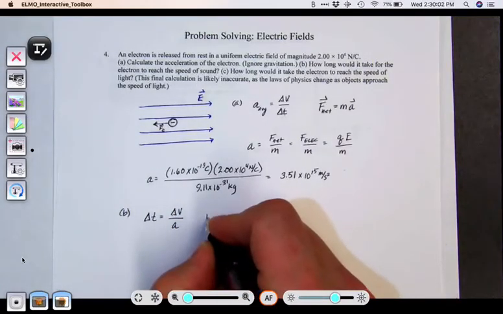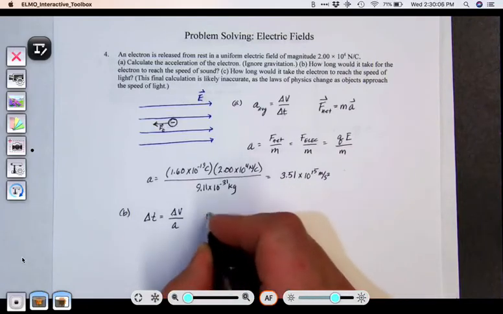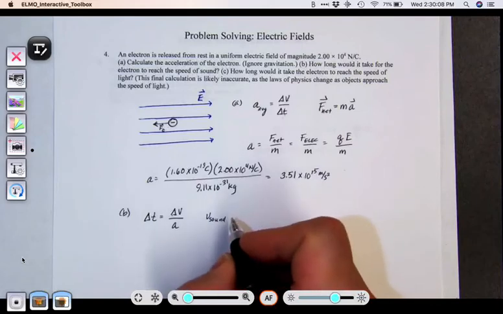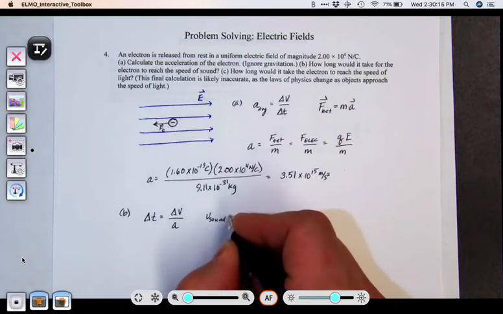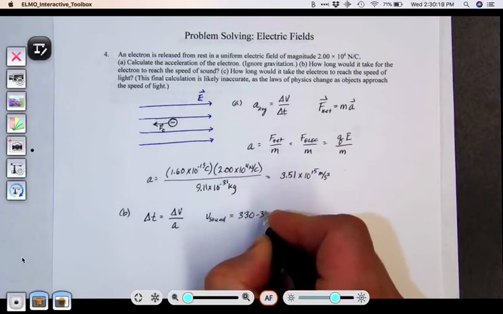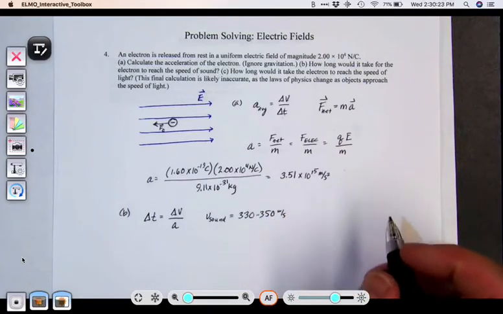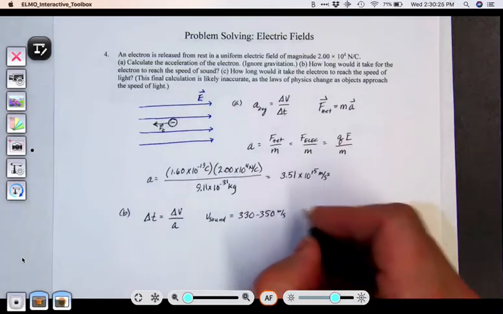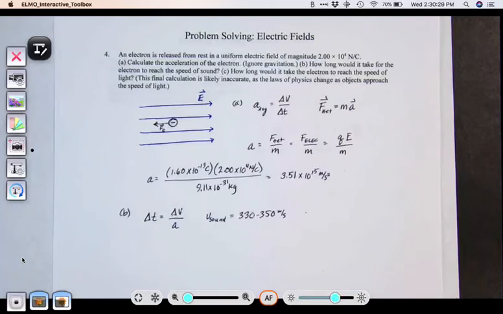Well, the speed of sound, you may have studied this in Physics 1, may have not. It depends on a lot of things: the atmospheric conditions, the temperature, all kinds of stuff. So it's usually somewhere in the 330 to 350 meters per second range. Different textbooks list different values as standard. I'm just going to use 340, which is intermediate there.